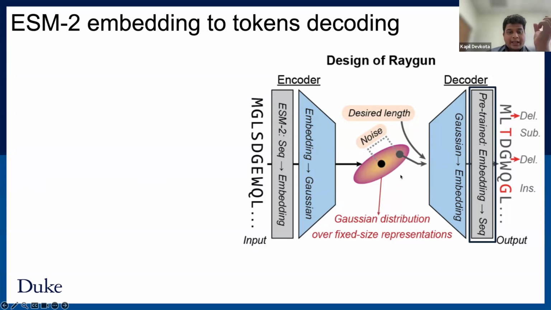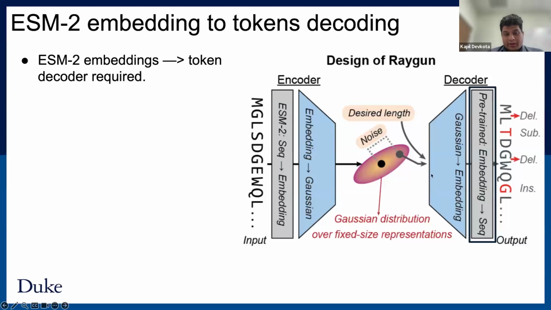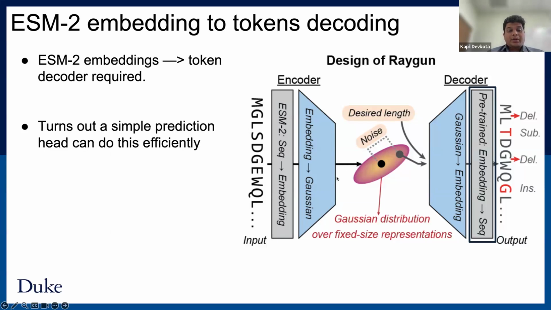This embedding to embedding model would only be useful if you can convert the embedding back to the sequence space. So we need an embedding to token decoder in order to make this model useful for sampling and evaluations. Turns out we can easily do that by adding a simple prediction head on the ESM2 embeddings.